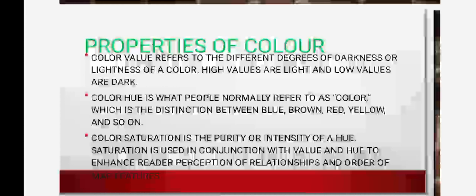Then we have value. Value here is referring to the degree of dark or light of a color. For instance, let me say you are mapping hydrographic features. The conventional color for it is blue, and you are mapping, let's say, three types of water bodies: lake, stream, ocean.